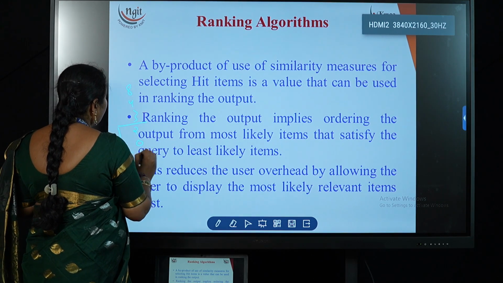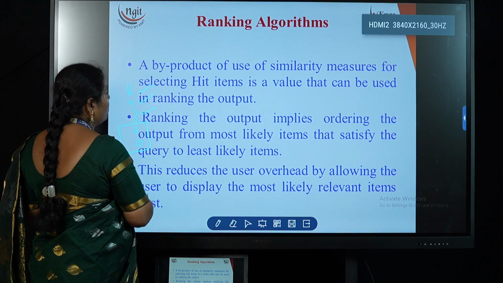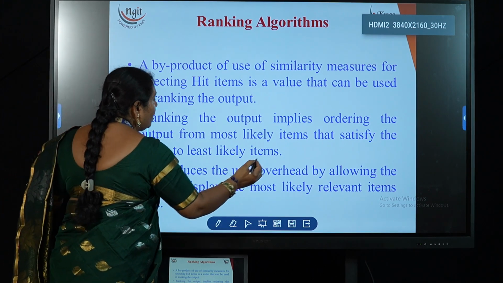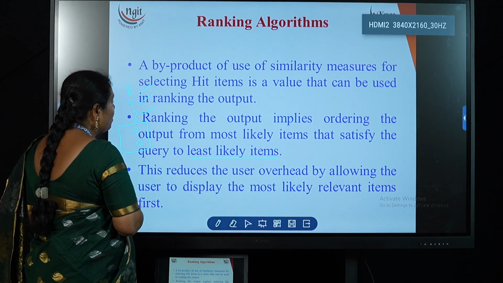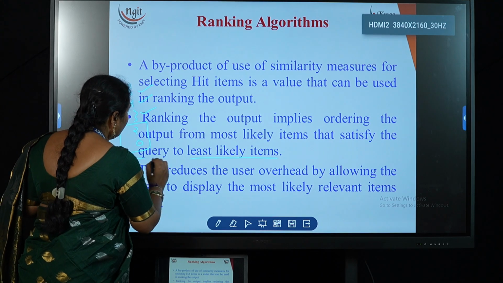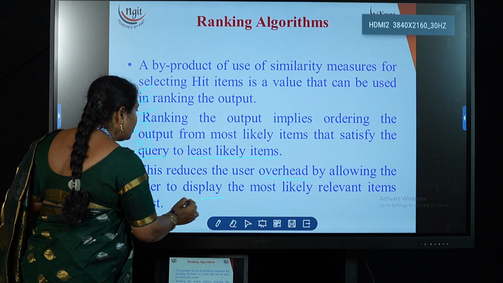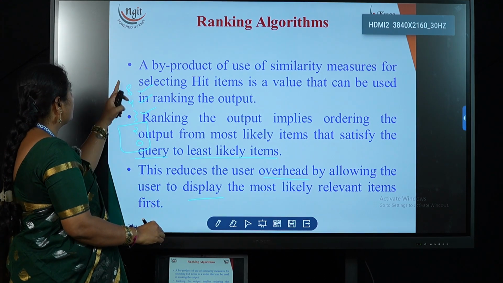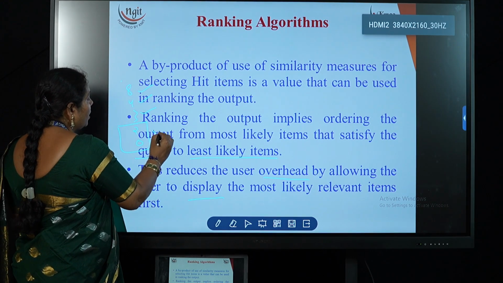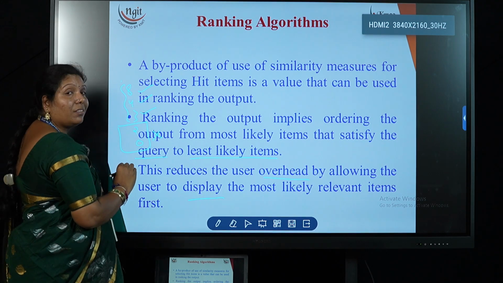I will eliminate these two and only accept these 4 values, right? So the least likely items will be identified according to this query, and this will reduce the overhead by allowing the user to display the most likely relevant elements. I'll automatically ignore these values and mention these 2 things.